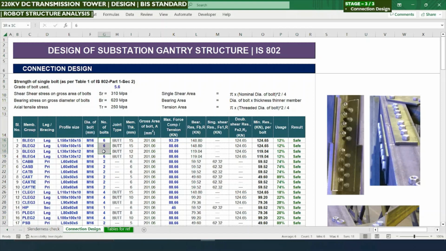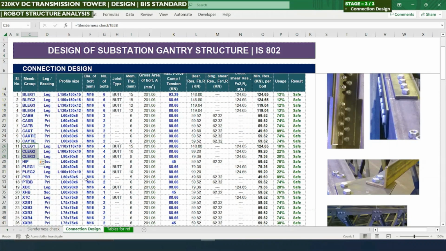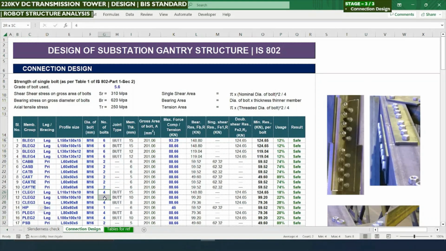For example, for the main leg up to the body we can have 6 bolts for the splice connections, for primary bracing we can keep 2 bolts per member, and for secondary bracings we can have 1. For other legs such as the leg of the cage, peak and cross arm, we can have 4. Let me look into how this calculation is going to work.